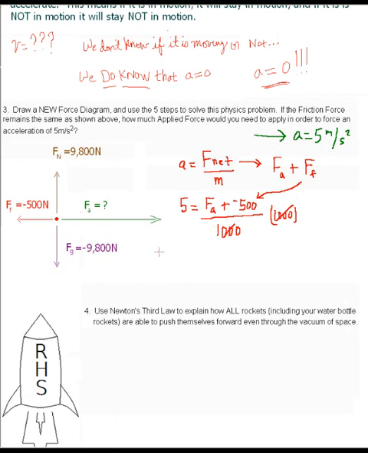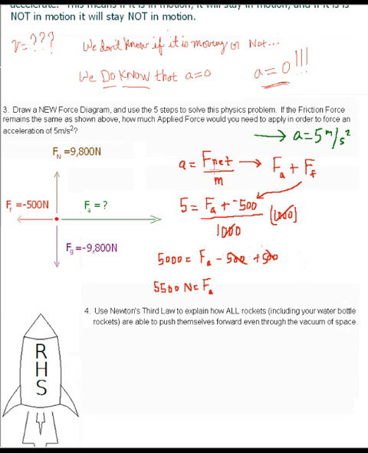This will cancel, and I get 5,000 is equal to F_A minus 500. I add 500 to each side to get rid of this, and I get 5,500 newtons is equal to the applied force.